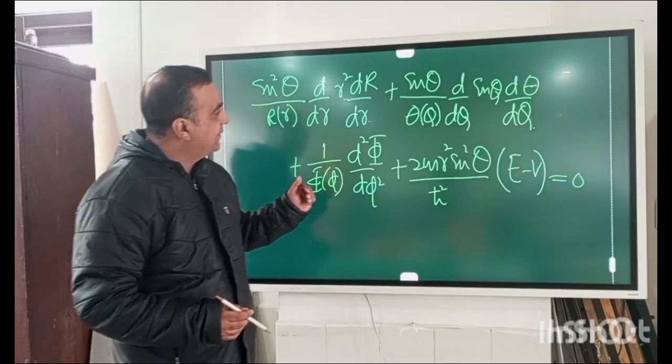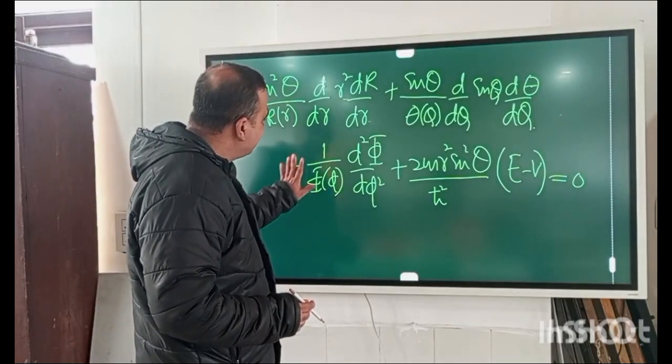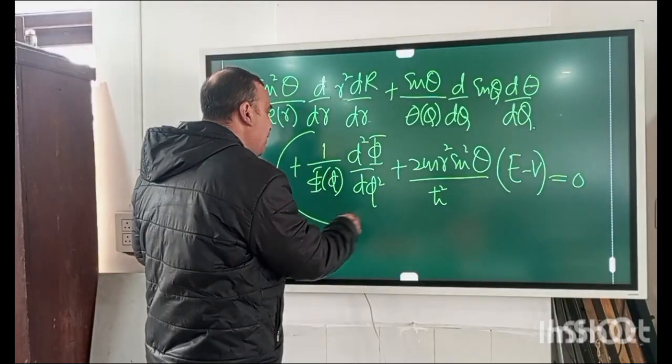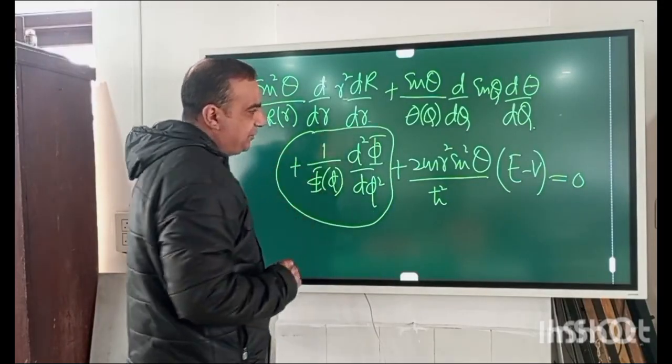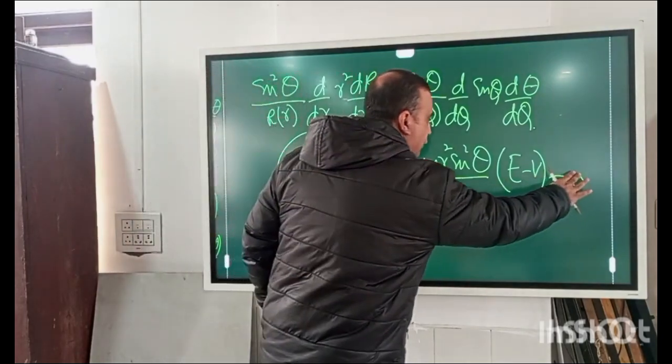Depending on my choice, I take this part to the other side of the equation. If I do that, I will not have a 0.